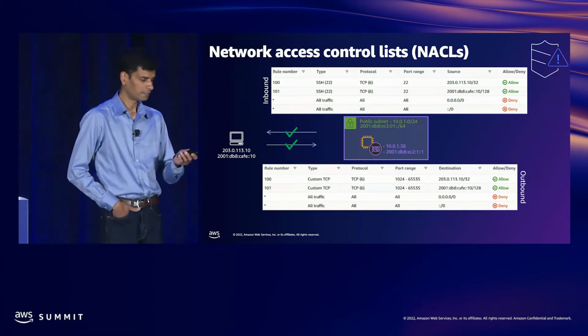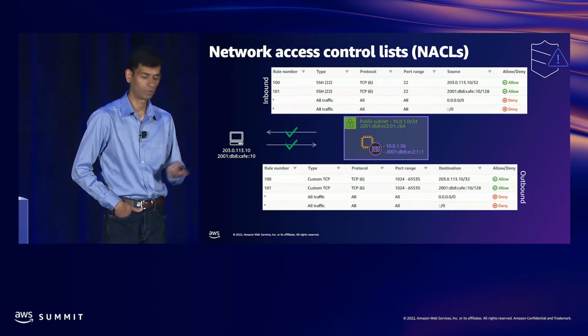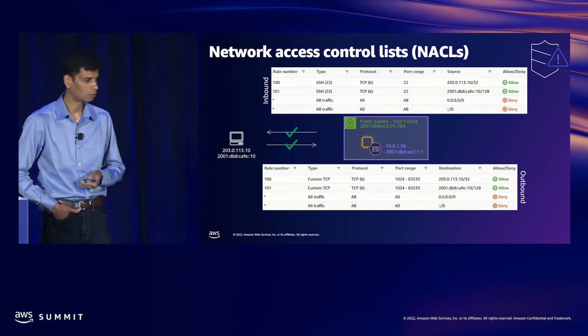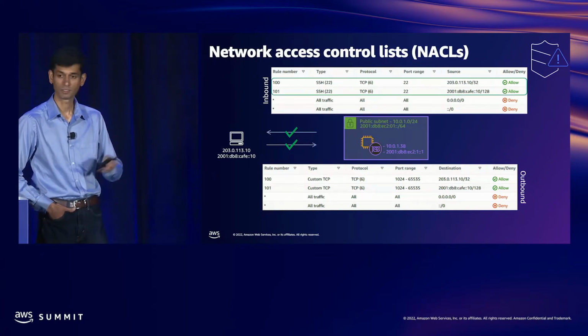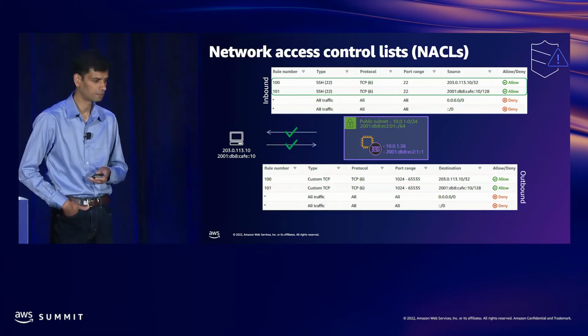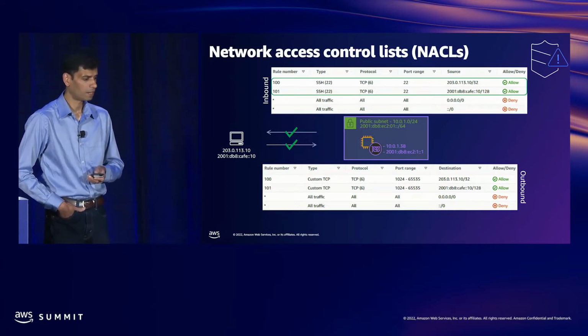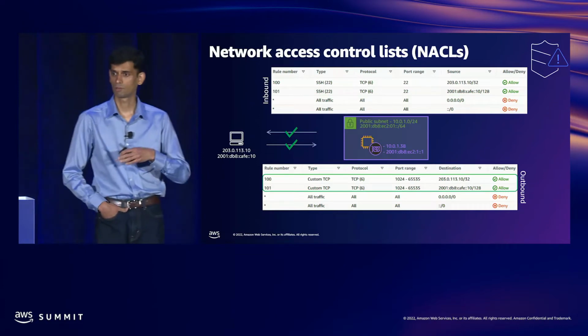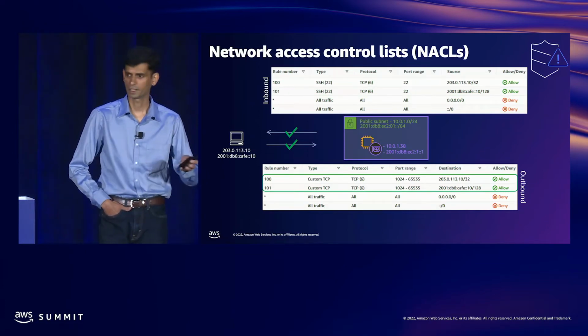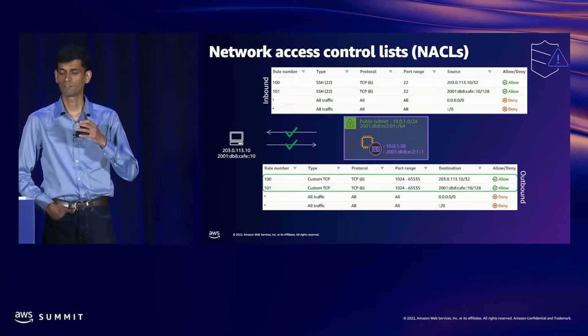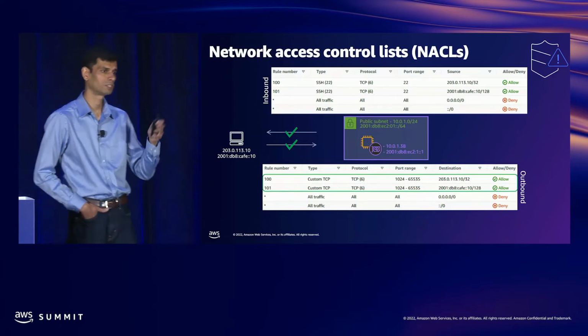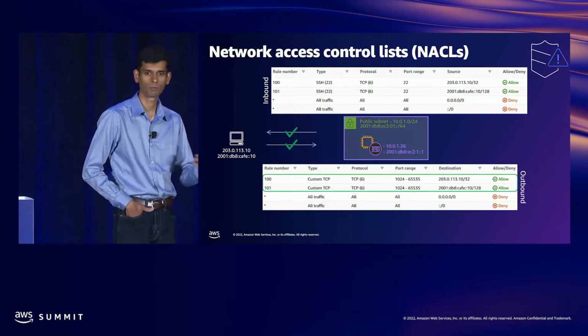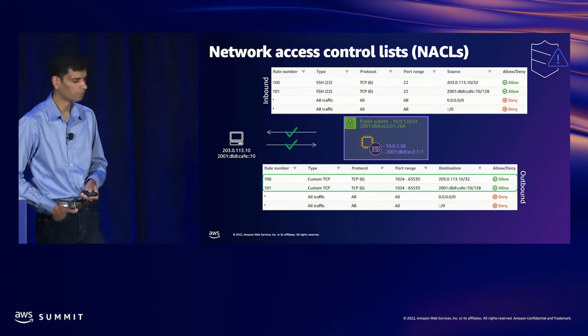Again, I want to allow SSH only from a specific source, so I have an inbound NACL rule which specifies that particular source IP address. And then I also have the outbound rule which allows the reverse direction of the traffic flow. But here, I specify the ephemeral port range, because clients will be using one of the ports from the ephemeral port range to communicate with the EC2 instance.